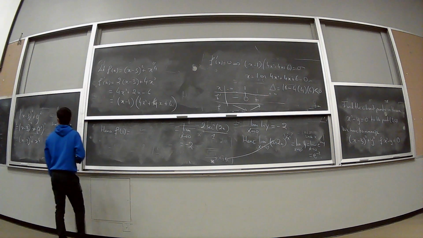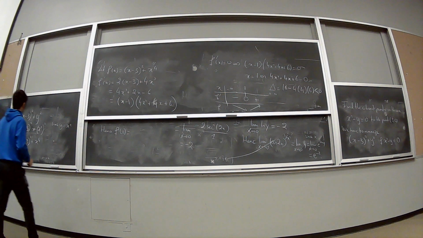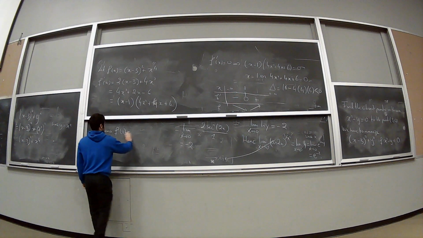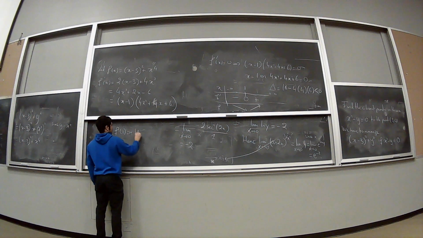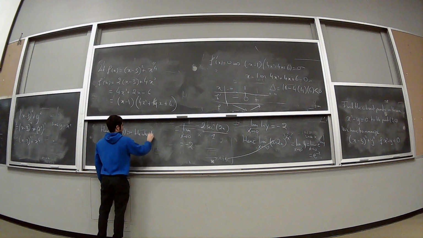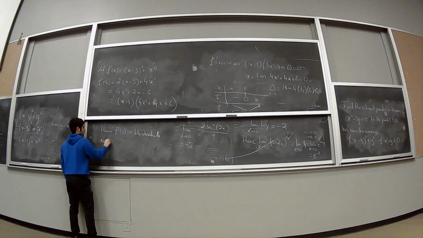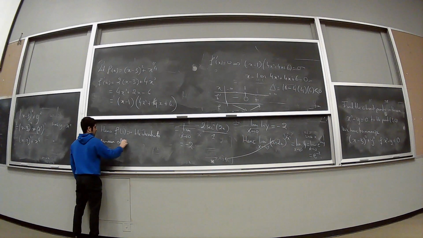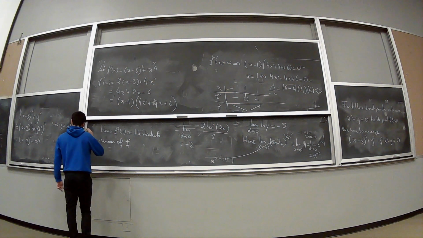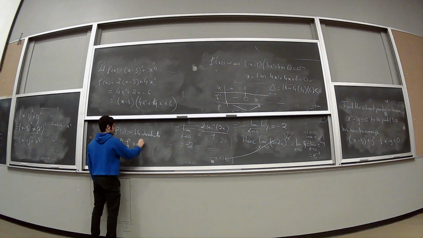Hence, f of 1 is the absolute minimum of f on R, right?